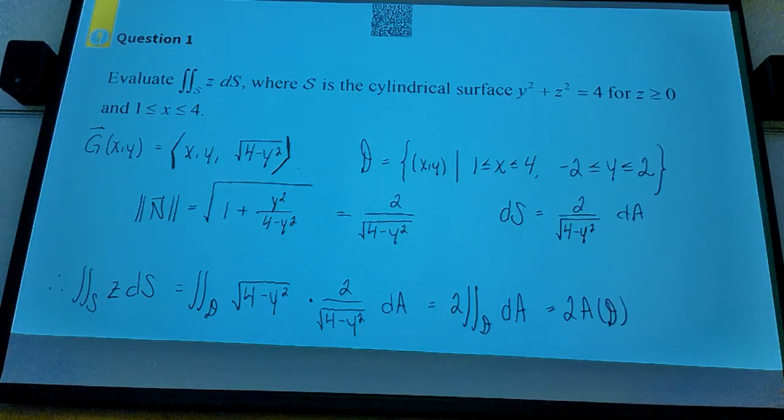What's the area of our domain? It's the area of the domain.